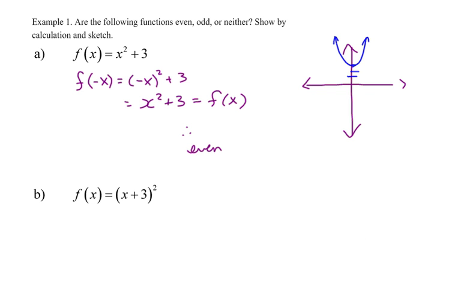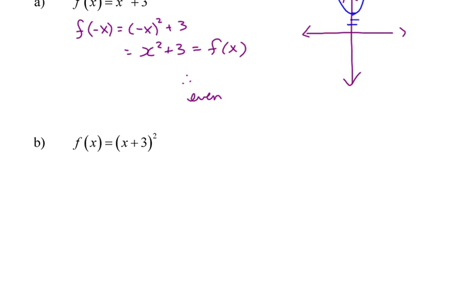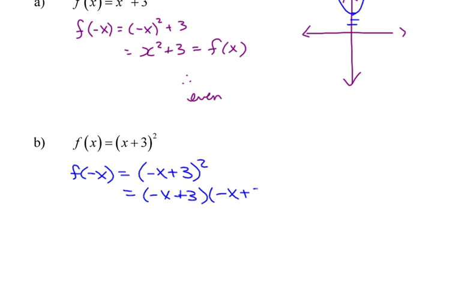Okay, so next guy, plugging in f of negative x. I have negative x plus 3 squared. Is it? I don't know. Well, what we can try and do here is expand this to negative x plus 3 times negative x plus 3. We're trying to create the original thing.